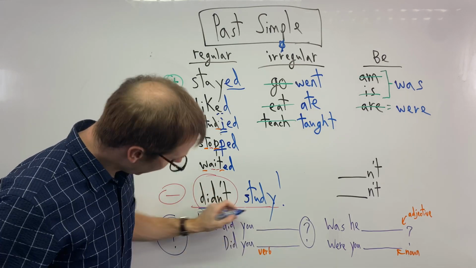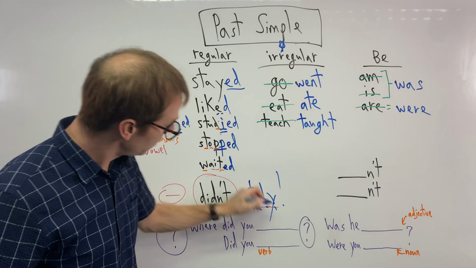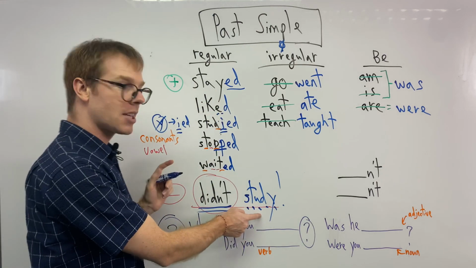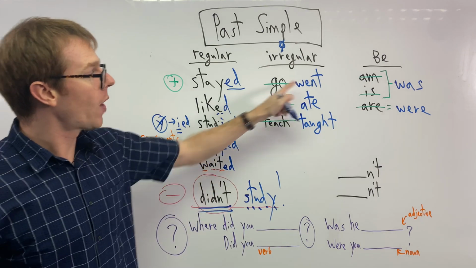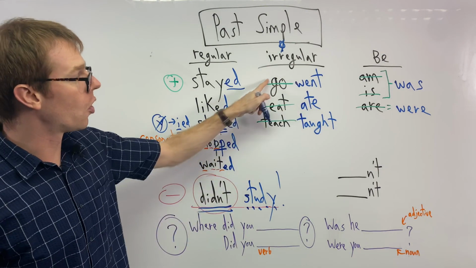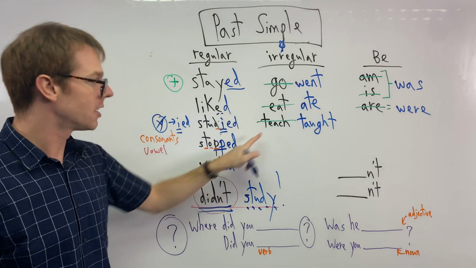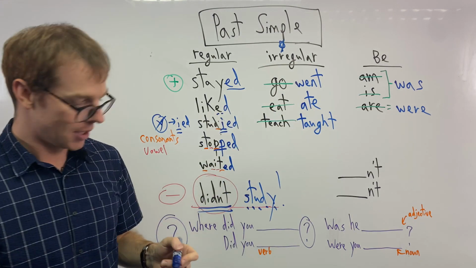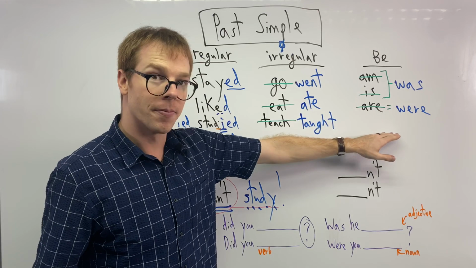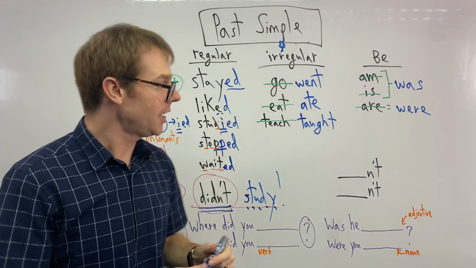After the didn't, we don't use that ED. We keep the original form. I could say, I went, but I didn't go, didn't eat, didn't teach. We have to keep the original form. For negative was and were, this one again is pretty easy.